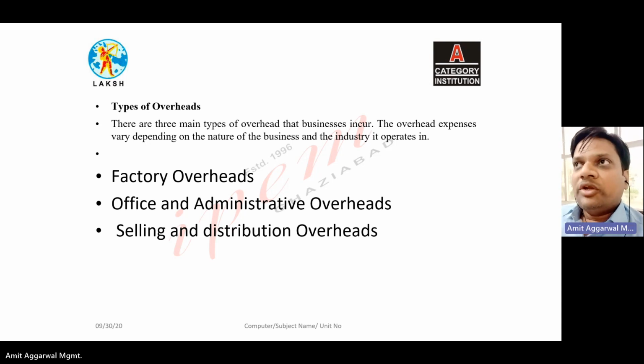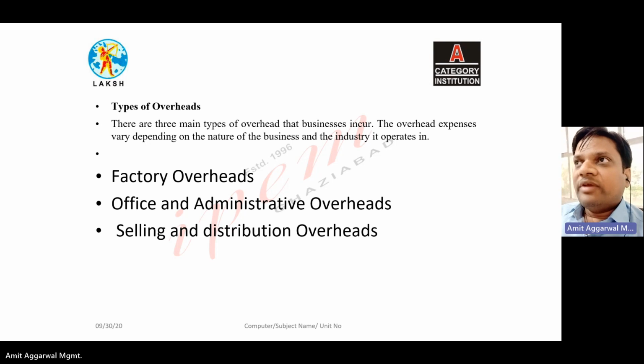In the coming video, we will cover different kinds of overheads: factory overheads, office and administrative overheads, selling and distribution overheads. This is another way we can categorize these overheads.